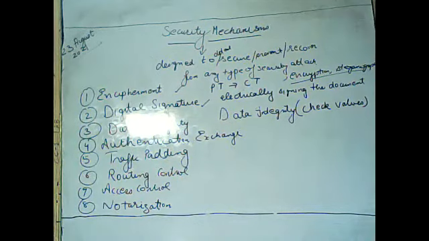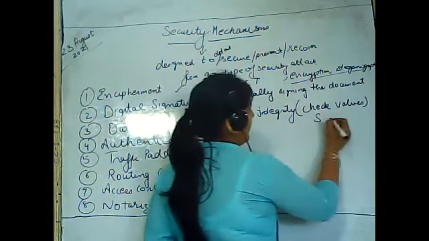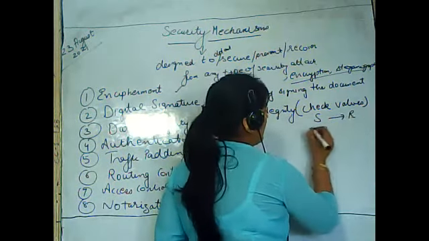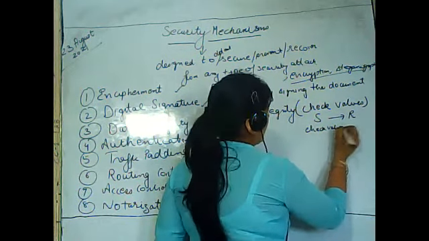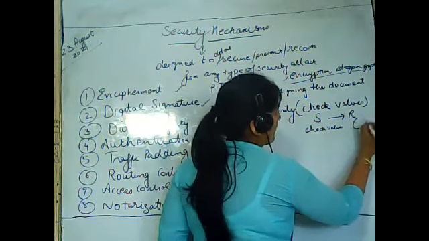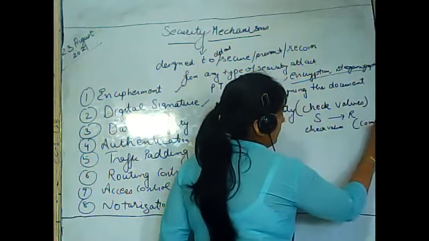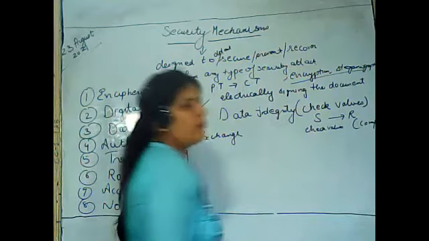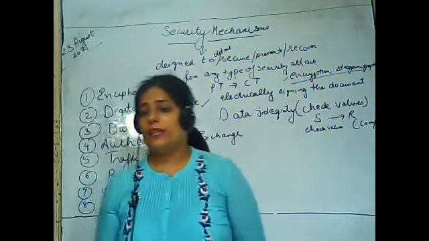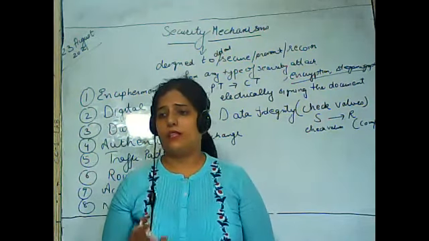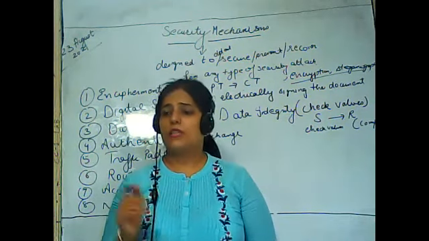So there is a sender and here we have the receiver. The sender will have different check values, and we provide some prior information to the receiver about the check values at particular places.